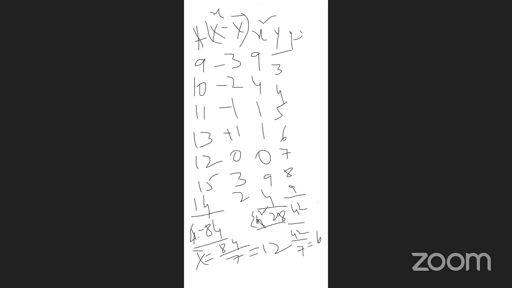So y minus y bar, which is treated as small y: 3 minus 6 is minus 3, minus 2, minus 1, 0, 1, 2, 3. Now y square is 9, 4, 1, 0, 1, 4, 9. Total is again 28. Sigma y square is also equal to 28.